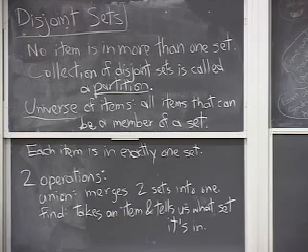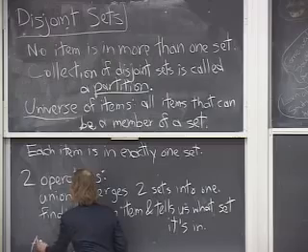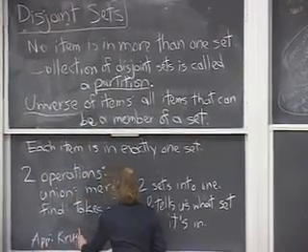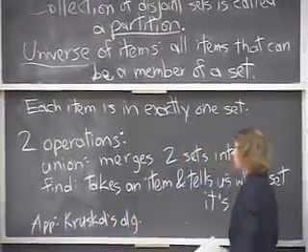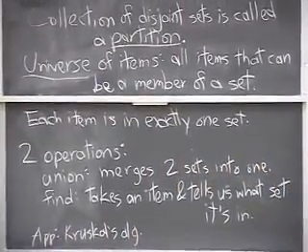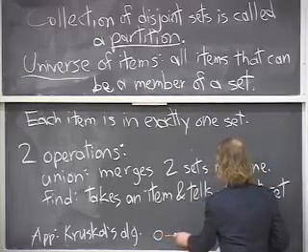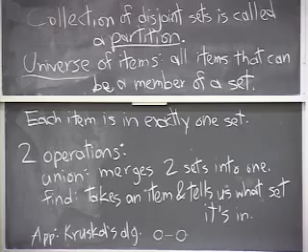So what are things you would want to use this for? Well, actually, we've already seen one application of this, which is Kruskal's algorithm. You might recall that in Kruskal's algorithm, we look at an edge that connects two vertices, and we're asking, should we or should we not add that edge to the graph?